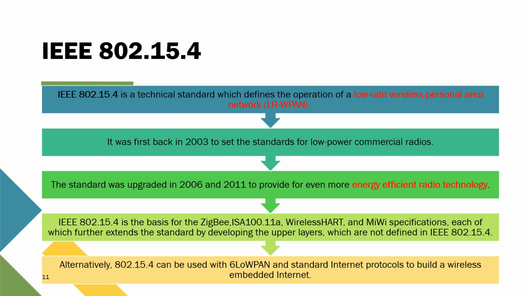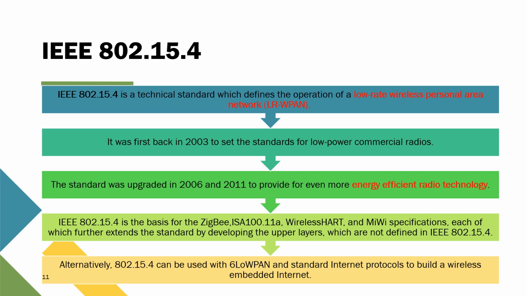It was first set back in 2003 as the standard for low power commercial radios when RF started being used in the industry. The standard was upgraded in 2006 and 2011 so that it provides more energy efficient radio technology.